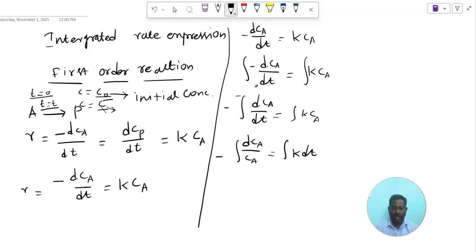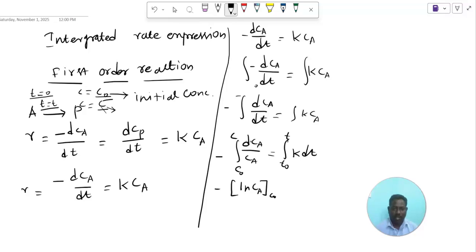Now you can apply the limit. Initially it is C0 and now C. Initially it is t0 and t. So if we integrate dCA by CA, minus I am keeping outside, it is ln CA.